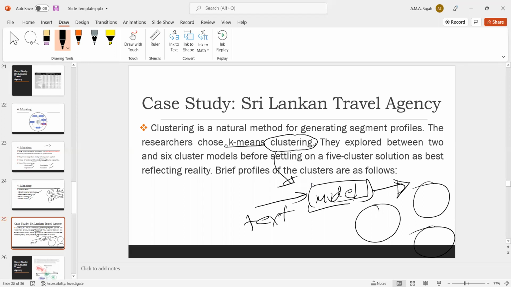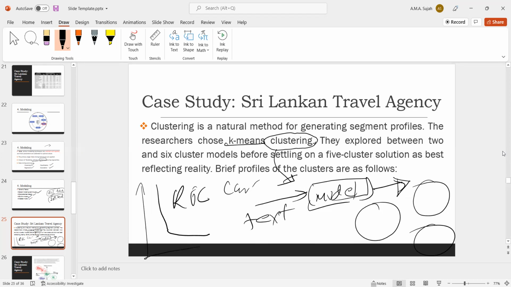They will look at different numbers of clusters. Sometimes they cluster their tourists into 3 clusters or 5 clusters. They use the elbow curve. From the curve, they will find out how many clusters. How will they find out the number of clusters?